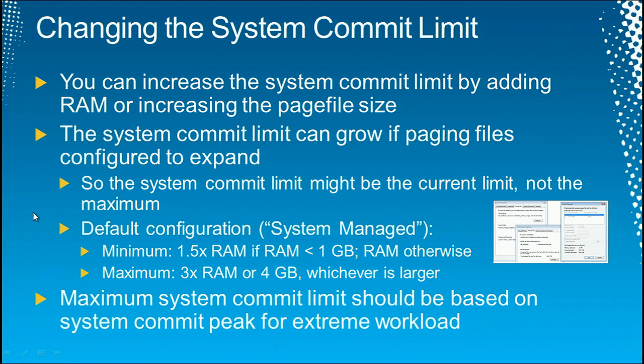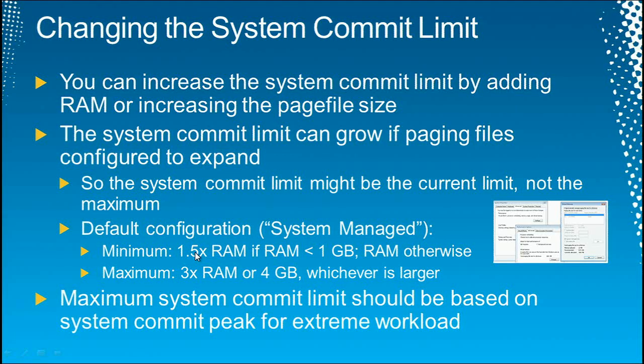So what are those sizes? Well, the default configuration for system managed: when you first get to this, you're like, system managed. I wish I knew what that algorithm was, because it's probably really tricky, intricate, based on a lot of heuristics, the system watching the way the system's behaving and tuning things. What is it? The minimum is 1.5x RAM if RAM is less than 1 gig, otherwise it's RAM.